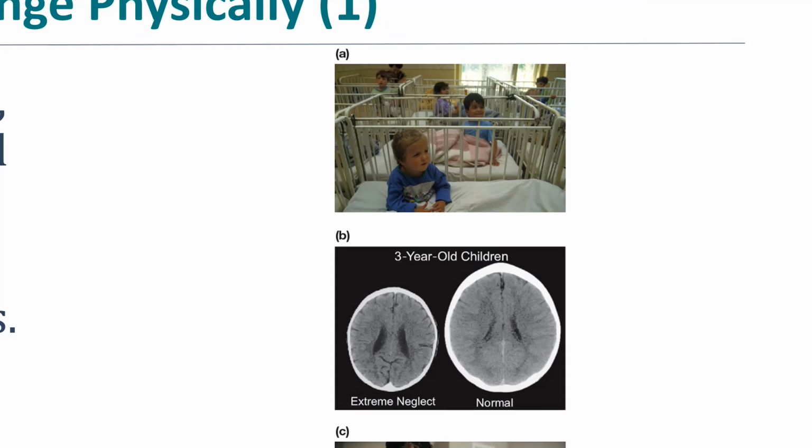And this can have a profound effect early in life on the developing brain.